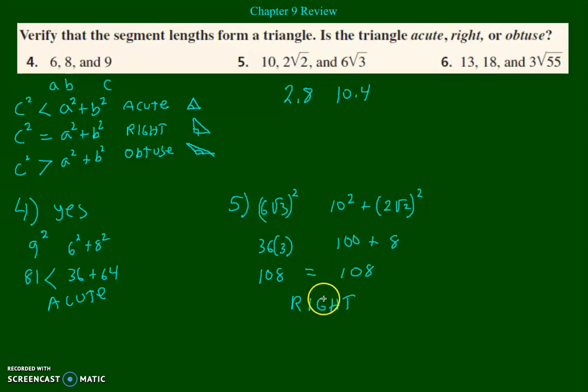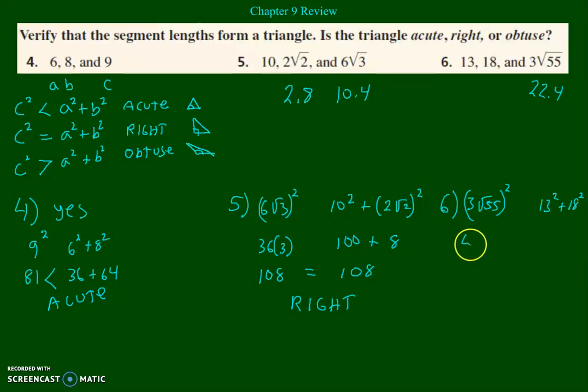So, let's move on to number 6. Here, it would appear that this is the longest side, but let's calculate it just to be sure. And this side does come out to about 22.4. So this is the longest side. So we have 3 square roots of 55 squared, and 13 squared and 18 squared. Now let's work these out.